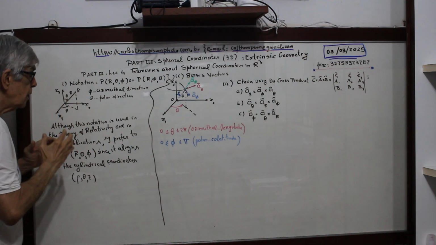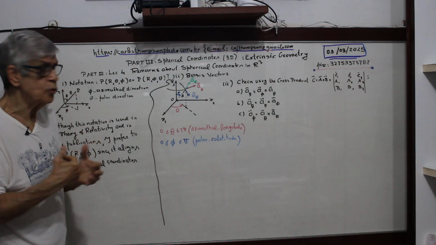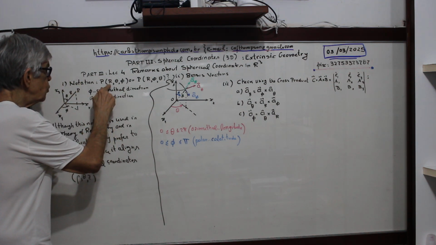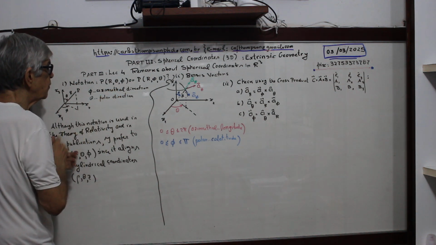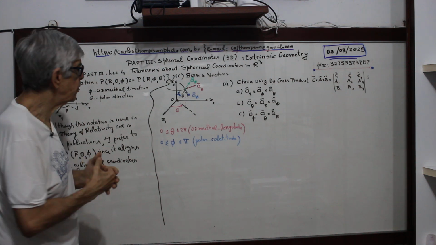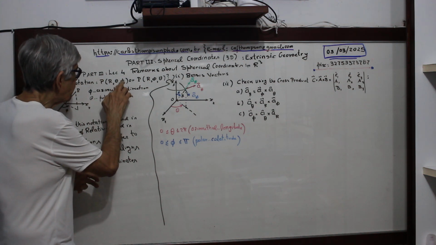Now, the first item is notation. You find in the literature, instead, if you use r, theta, and phi, a swap in theta and phi.